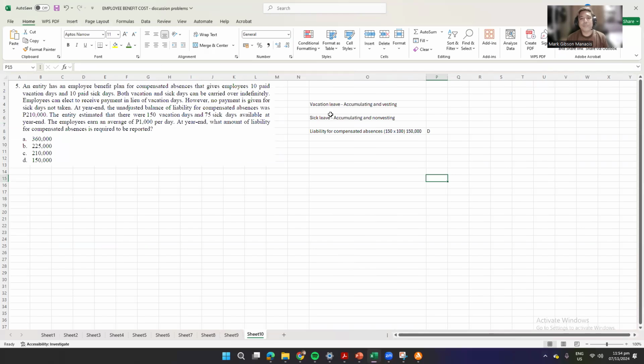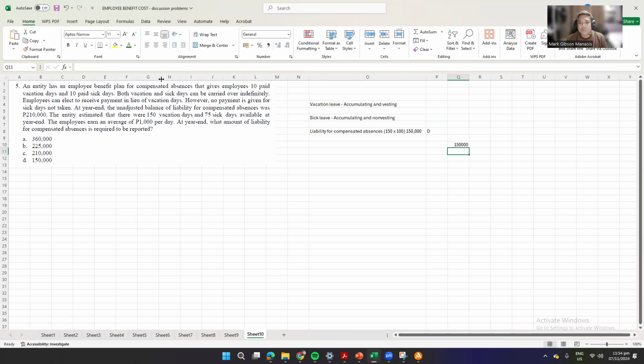No? So sabi natin, vacation leave, it is accumulating and vesting. Sick leave, accumulating and non-vesting. So therefore, how much would be the total liability? It's simply 150 multiplied by 100. Paano natin na-compute yung 150? Class, we're just computing for, hindi 100, 1,000.